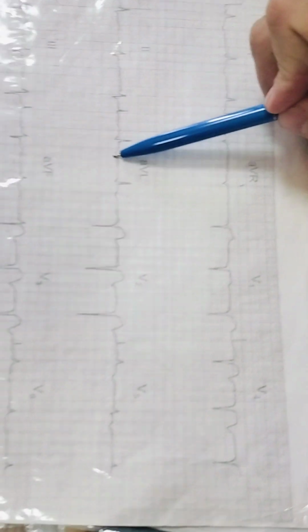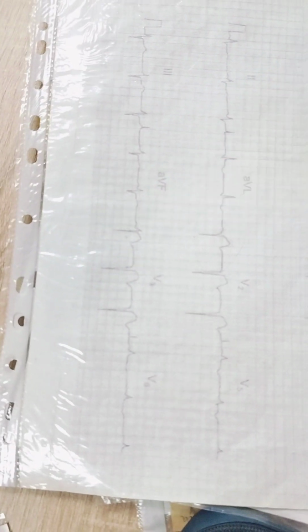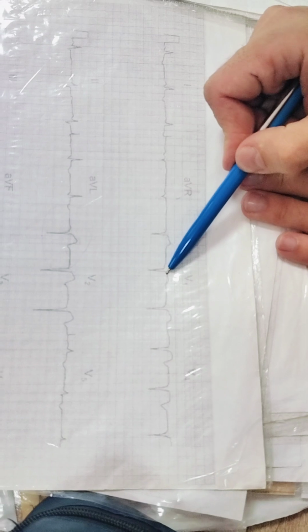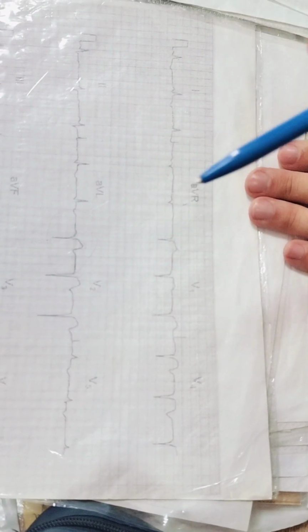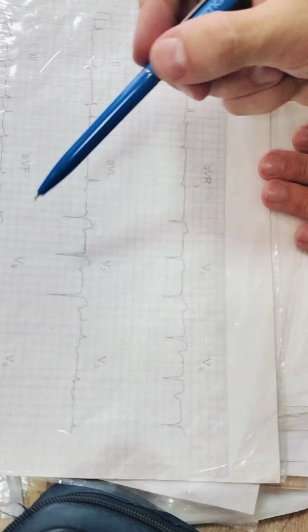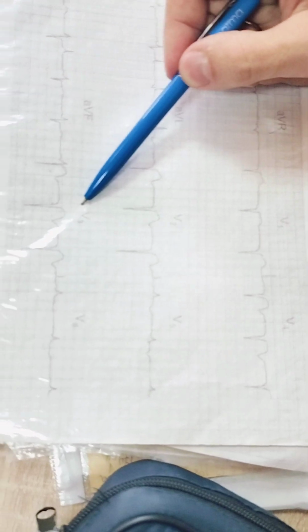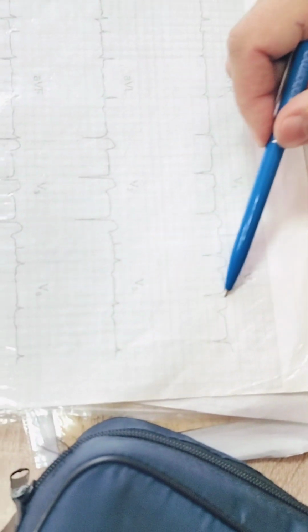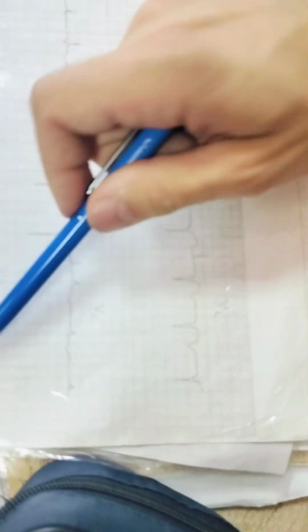AVL, negative T. AVF is okay. V1, QS, elevation of ST, maybe, but not enough. V2, QS, elevation of ST, double T, same. Then QS, ST close to the isoelectric line, negative T, negative T, negative T.